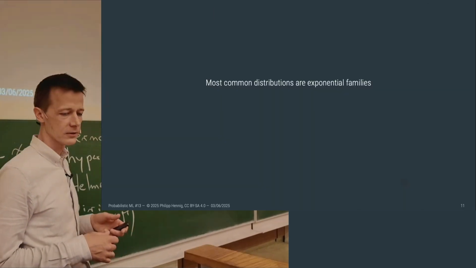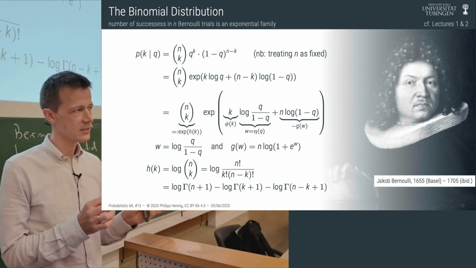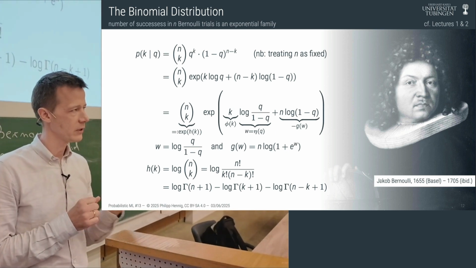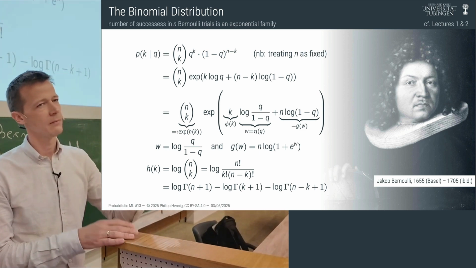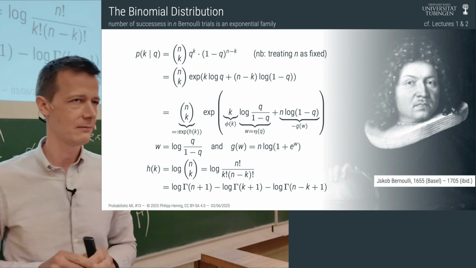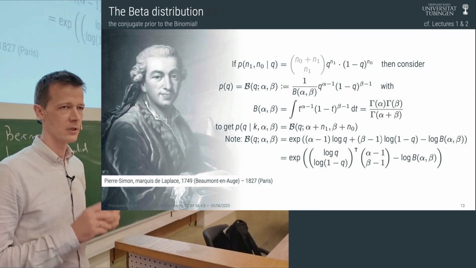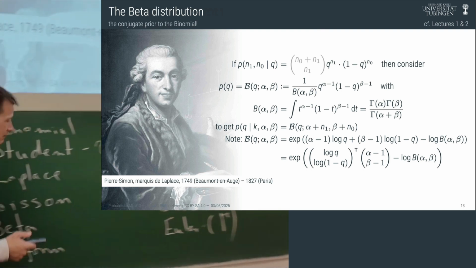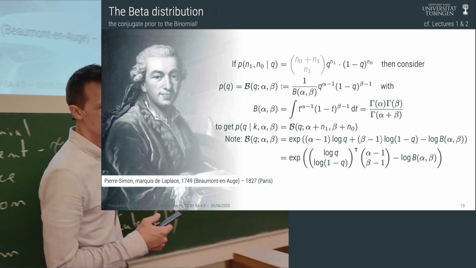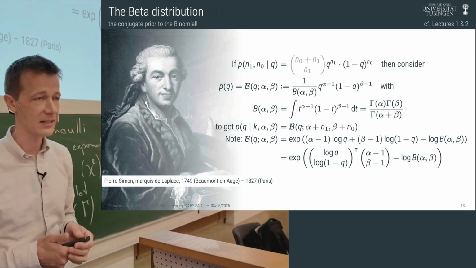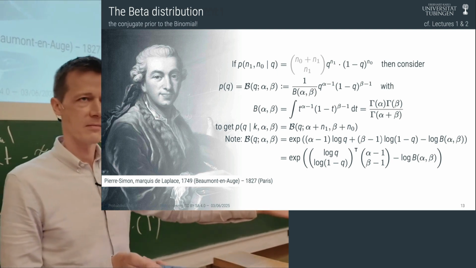Now, back then I pointed out that there's a particular structure for the binomial distribution that we can use to simplify this computation. And that structure will now become a general property of exponential families. But back then, it was associated with a very specific distribution, the beta distribution, which is also here on our list, which is due to Pierre-Simon Laplace, who basically is the inventor of Bayesian inference. And this was also his very first use case of Bayesian inference, inferring probabilities.